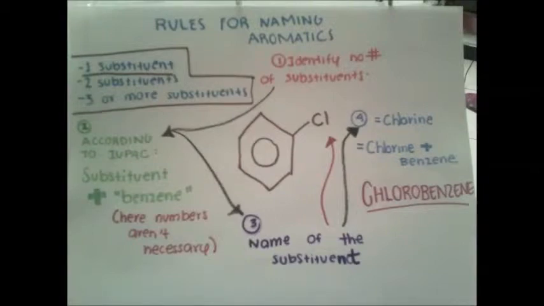With the IUPAC, we first identify the number of substituents, then we know that the name of the substituent goes along with benzene because numbers are not necessary. Then you identify the name of the substituent and combine it with benzene.